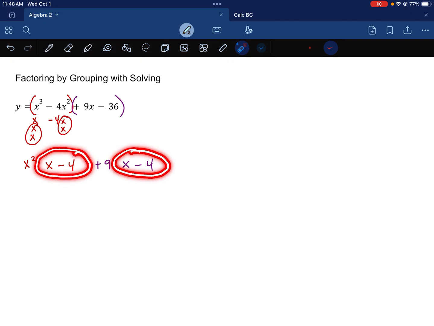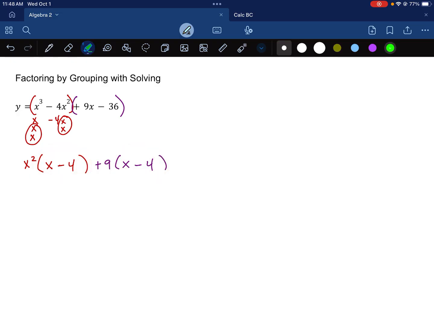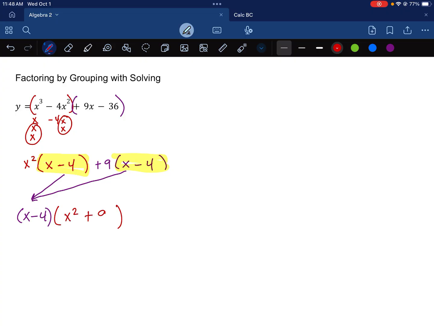So we have x minus 4 for both parentheses. That is by design. So this x minus 4, that's like a factor because they both share it in common. So that gets to come out front as a single x minus 4. And then your GCFs get the second parenthesis, x squared plus 9.